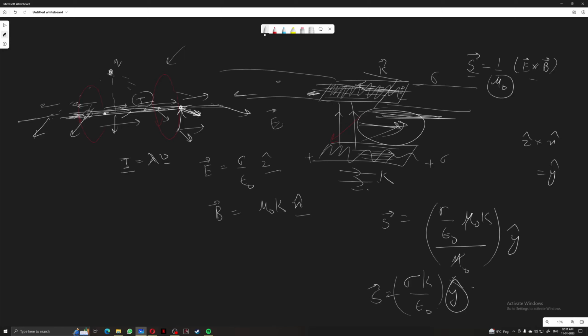So actually Veritasium did a video in which he talked about what happens in a circuit if you have a battery and you have some charges moving around. So who carries the energy in this circuit? And he claims that electrons are not the carriers of the energy. The electromagnetic field is actually the carrier of the energy.